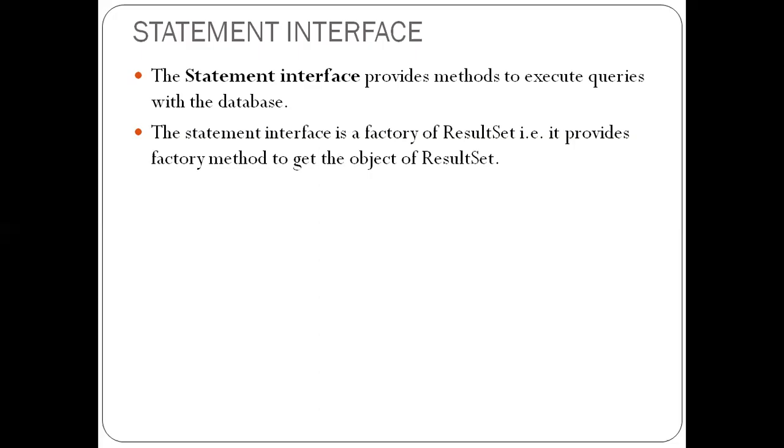If we want to read the data from the ResultSet object, then we need to move the cursor to the records one by one. To move the cursor to the next record, we use the next method. The next method returns a boolean: it returns true if the next record is available in the ResultSet, otherwise it returns false.